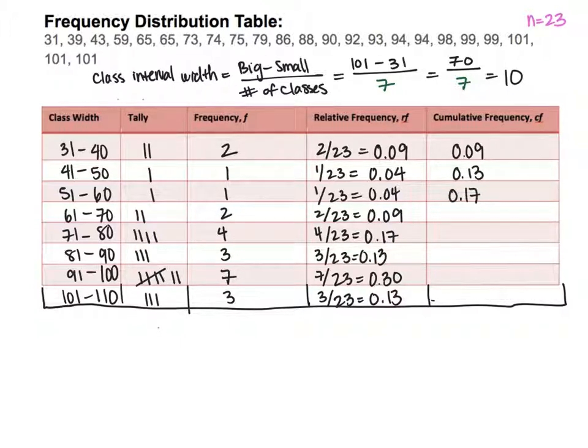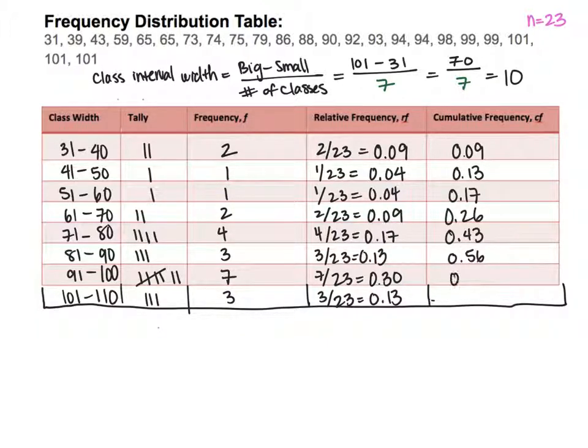0.09 plus 0.17 is 0.26. If you add 0.17 to that, you get 0.43. If you add 0.13 to that, I'm just going to use the calculator to be safe, which is 0.56.